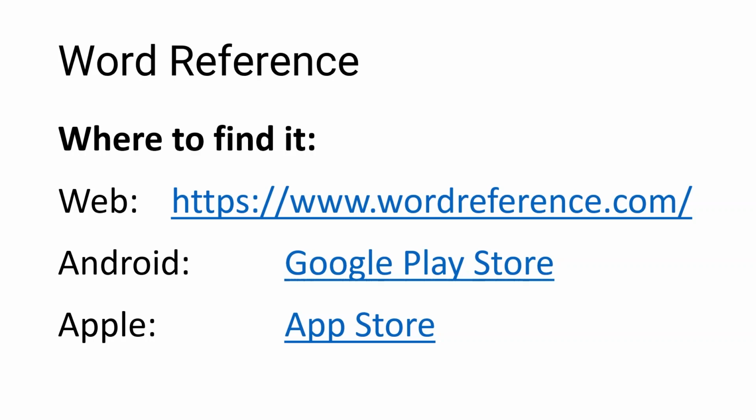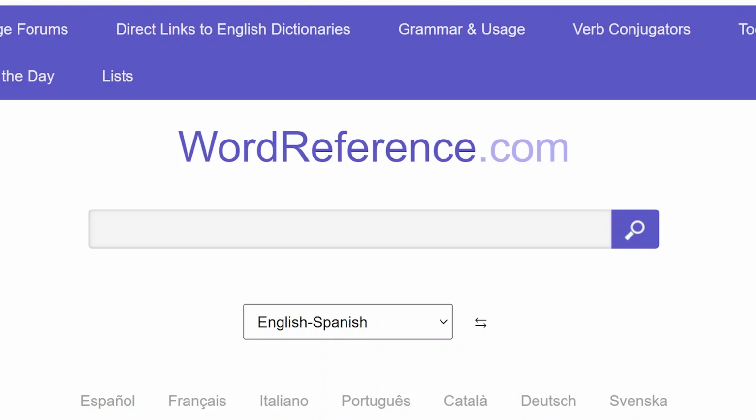And I find word reference is better because the different accents can help you with understanding the pronunciation. There are many other such websites and apps, but this is the one I use. Let's have a quick look at how it works. So let's have a look at a few of those words we were pronouncing in word reference.